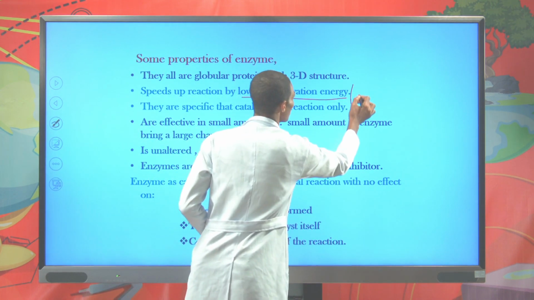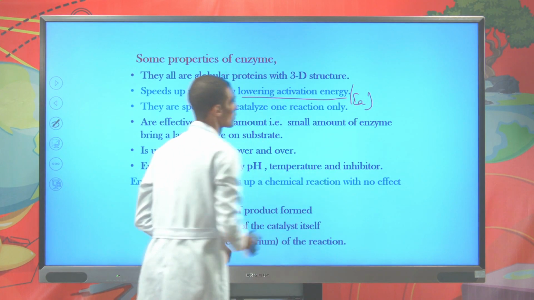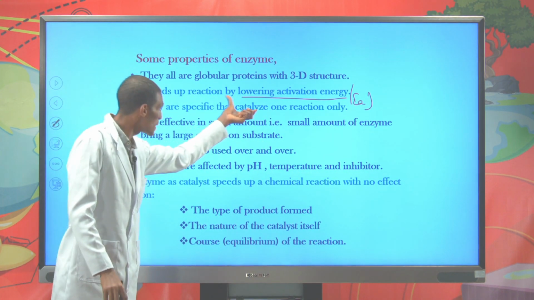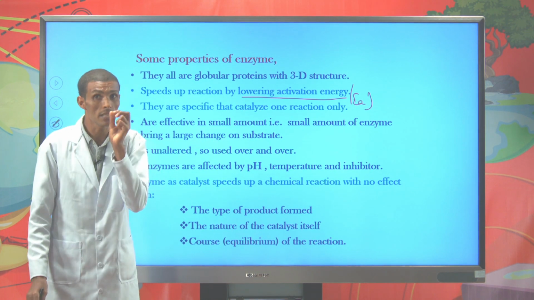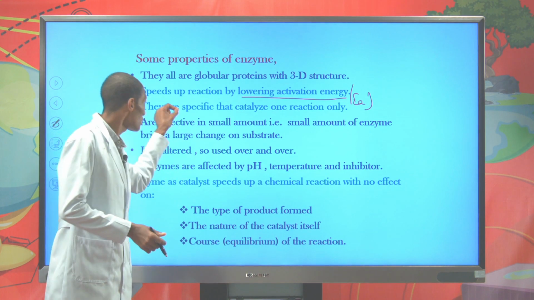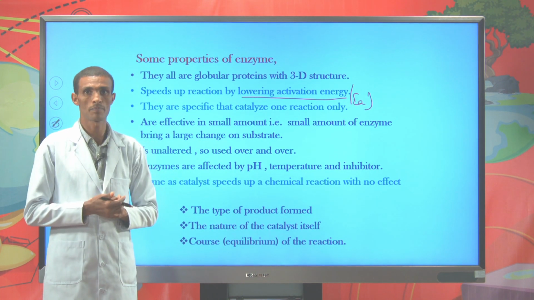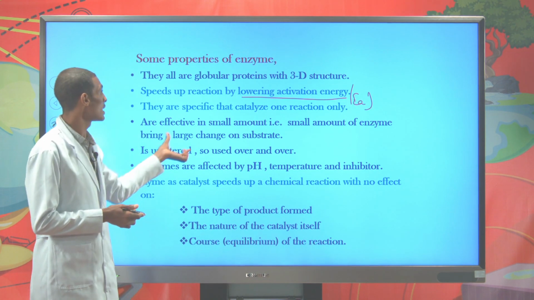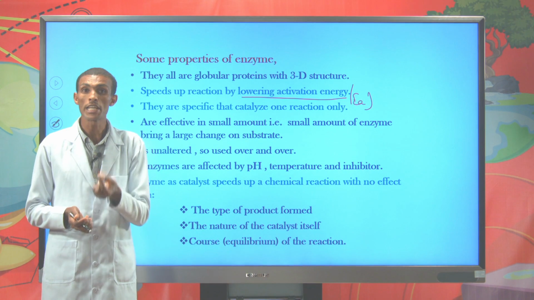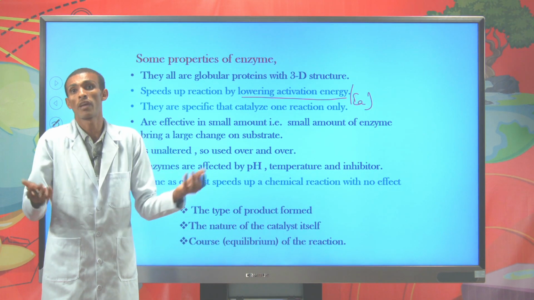Enzymes also specifically catalyze only certain specific reactions, which means one specific enzyme reacts with one substrate only. Also, enzymes are very effective in small amounts, which means a small amount of enzyme can bring about a large change in a chemical reaction.